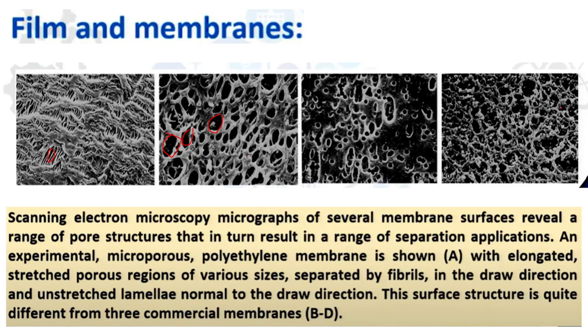And why is it important? Because the pore size actually dictates the efficiency of the separation, because we know the solvated radius of any ions, depending on the pore size, how it is matching.